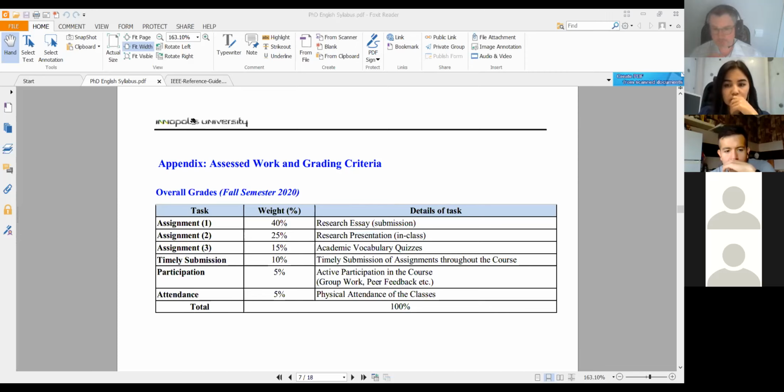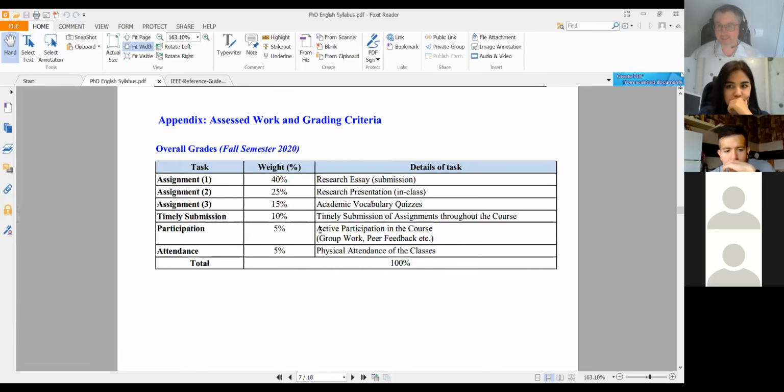As I said, there will be two major aspects to this course. The first one is a research essay, which is 40% of your grade, and the research essay is a 5-paragraph essay on the research of your choice. So basically, I believe everybody by now has some idea as to what you're going to research.